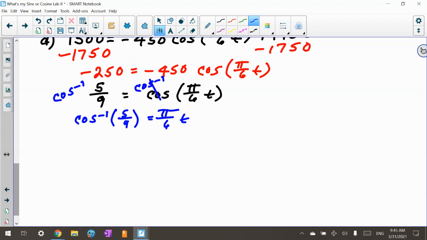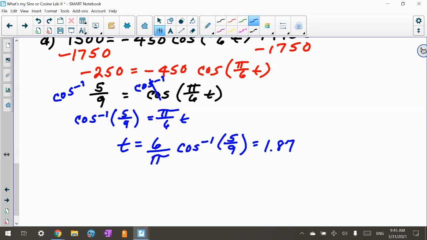To solve for t, I multiply both sides by the reciprocal. So my time is 6 over pi times the inverse cosine of 5/9. Please make sure you're in radians. When you do, you get 1.87503, which I'm going to round to about 1.88.